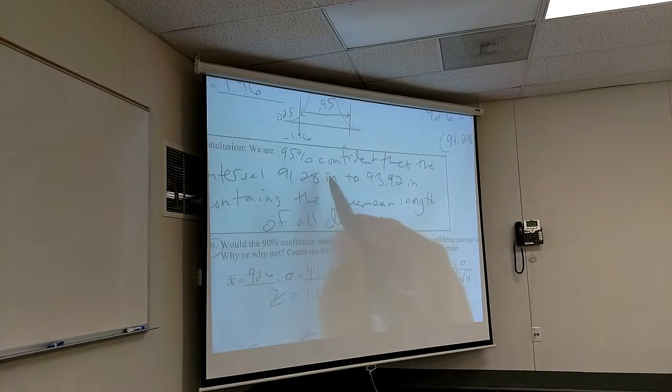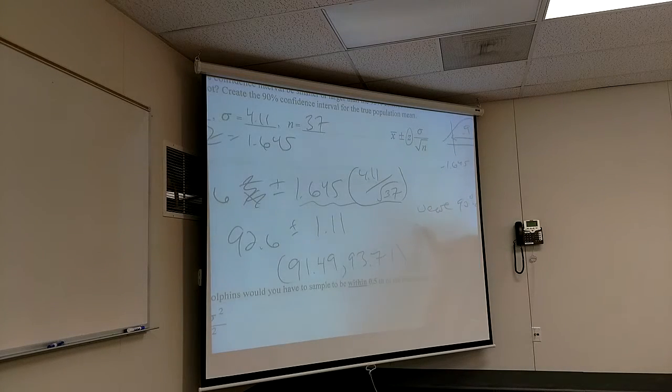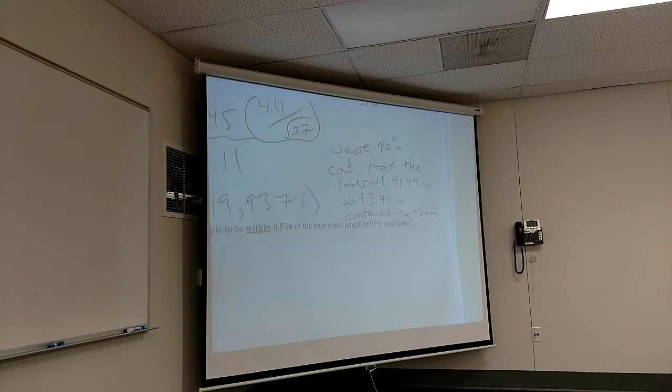It's going to be the exact same thing here. 90% confident that the interval 91.49 inches to 93.71 inches contains the true mean. 90% confident that the interval, this many inches to that many inches, contains the true, and I'm not going to be able to stop myself from saying true. But what I mean by true is population mean. The average for all volumes.